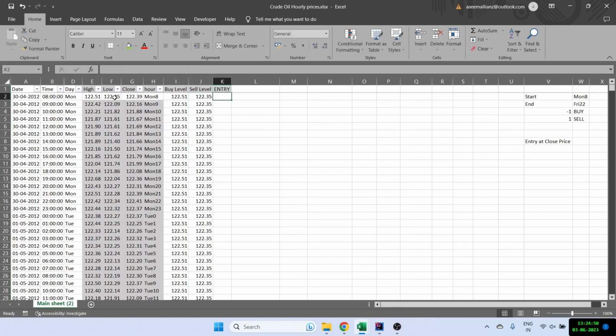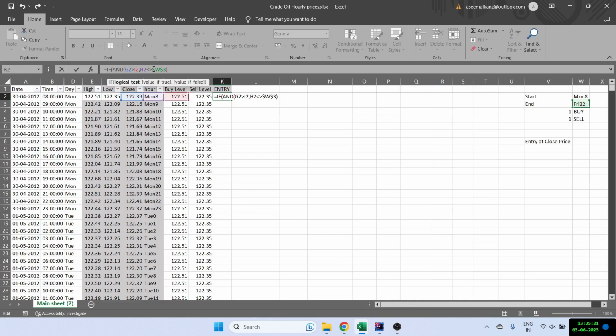My entry will be an if, and I'll have two conditions now. The first thing is I want the closing price to be greater than the buying level, because as I said, I want to take the entry on a closing basis, and I will not be taking the entry on the last candle, because it doesn't make sense that I take the entry at 10 o'clock. So this should not be equal to this. Let me just make this fixed.